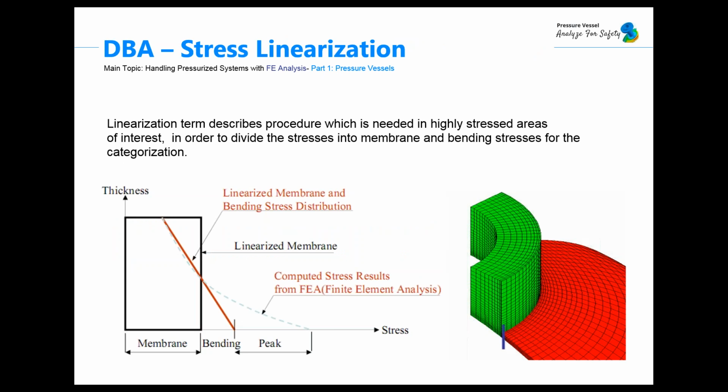And the stress linearization procedure is valid for diameter to thickness ratios with a value of 8 or greater, and below that the calculated shells are no longer thin and the stress distribution through the thickness is not linear.